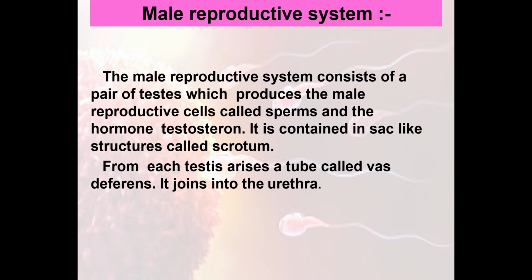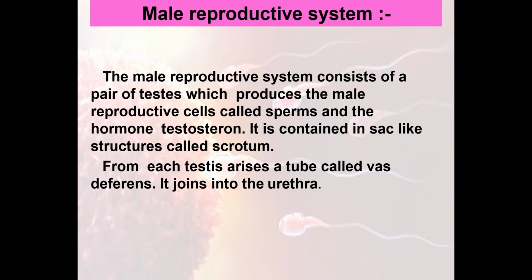So scrotum provides that ideal temperature. In the embryonic stages, testes are present in the abdominal cavity only. It is only at the time of birth that these testes descend to the scrotum.